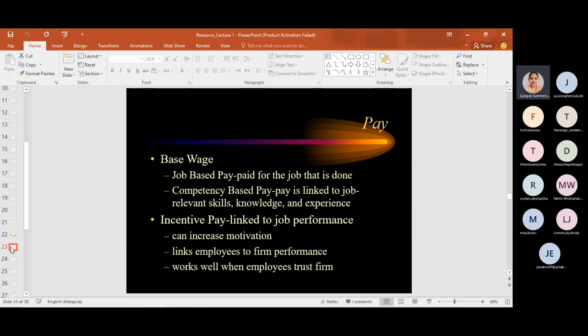For example, additions means allowances. Sometimes some organizations provide travel allowance and accommodation allowance. So base wage means your basic salary, and incentive pay means your incentives, your bonuses and your allowances, the other additional payments that you are getting.